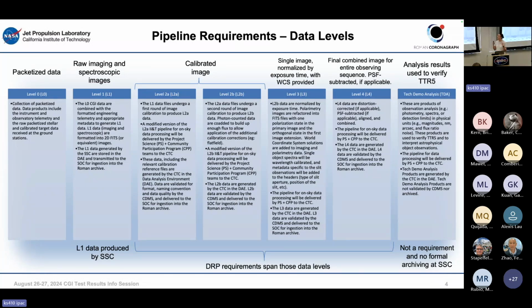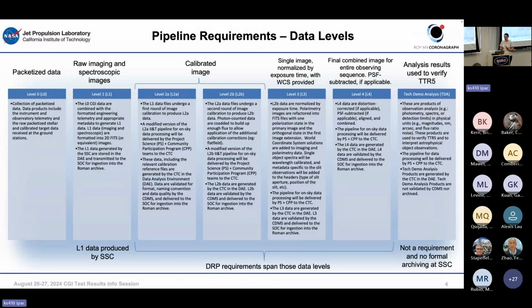Those products will be used to verify the TTR5 requirements, and this is not a requirement for the DRP. No formal archiving will happen for those data products at SSC.